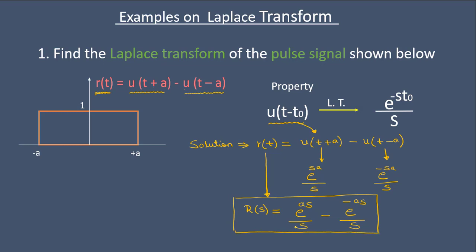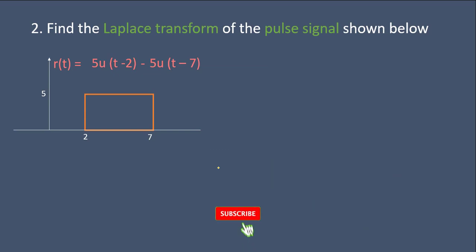Now let us go to the next question. The next question says, find the Laplace transform of the pulse signal shown below. Here again we have a pulse signal and it is from 2 to 7. 2 is the lower limit and 7 is the upper limit.